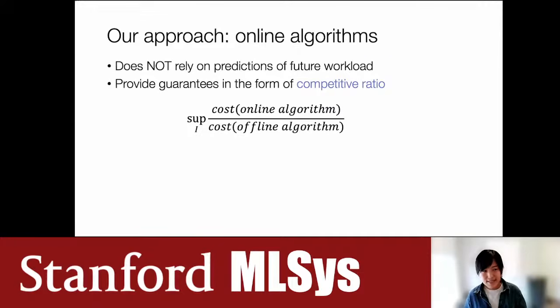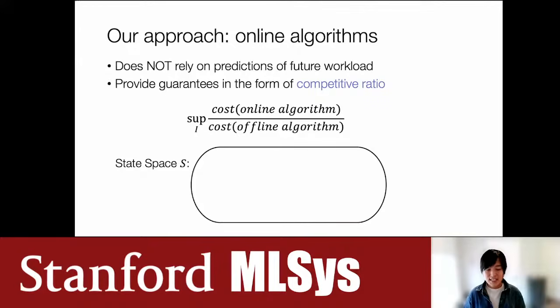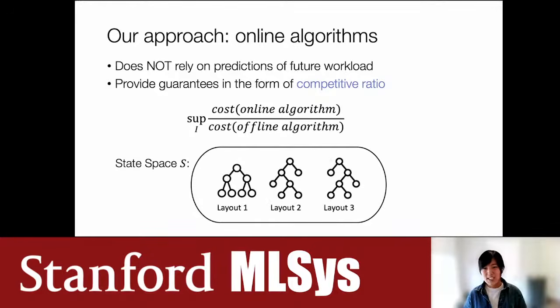And classic online algorithms tell us that if we're given a state space, say a state space containing 3 different possible layouts that we can switch between for decision making, then we can get a competitive ratio that's on the order of log of the size of the state space.